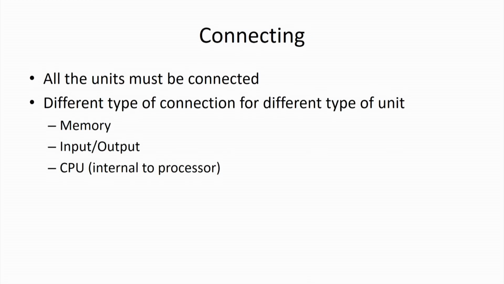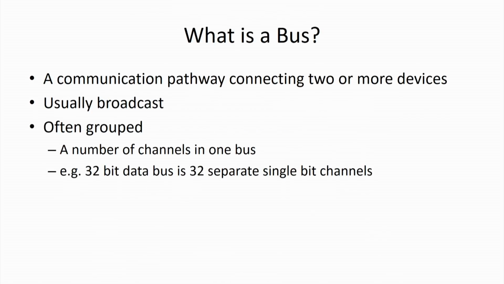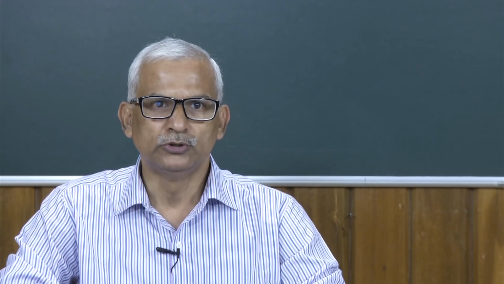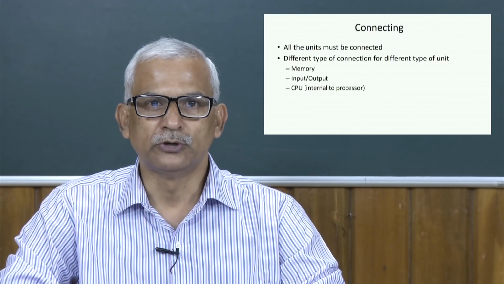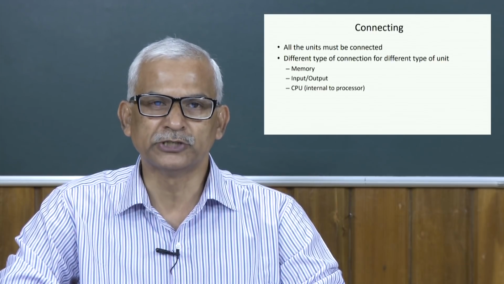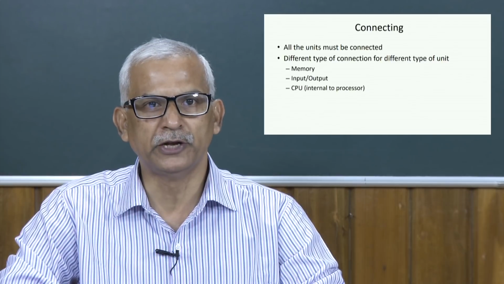So, we are talking about a bus. Now, what is a bus actually? This bus is nothing but connecting wires. You connect different devices with the help of the bus. We have different types of connection in our computer. There may be one connection between processor and memory, which is the memory interface.